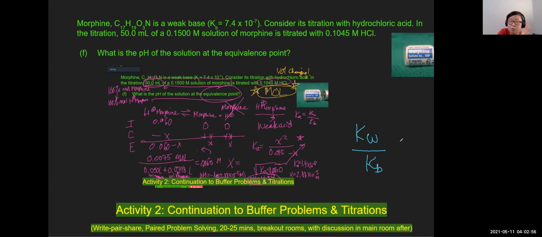So Ka times Kb equals Kw. So you can find Ka this way, and then from your Ka, you can use the pKa relationship, Henderson-Hasselbalch, to find pH. And the volume is additive, so you have to do this whole complicated thing. That's the only difference from part C.